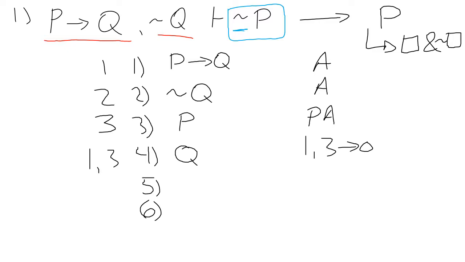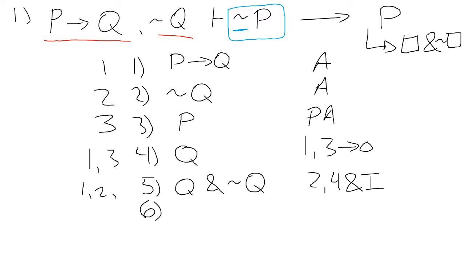And we can build that contradiction here in 5 because I have a Q and a not Q. So we have to create that using our ampersand in rule. And with it, we can tilde in on our PA, from 3 and 5, tilde in. And then just like arrow in rule, we remove the PA assumption that's associated with it. We remove the 3 as soon as we do tilde in.